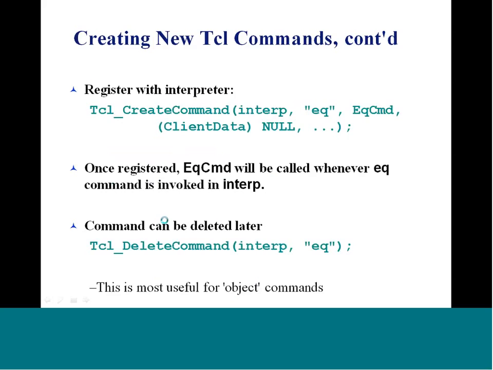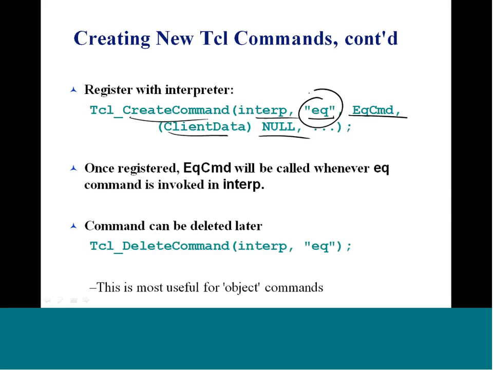So now to register with the interpreter, we need to call Tcl_CreateCommand with the interpreter, eq, EqCmd, client data, and NULL. Once we register, the EqCmd will be called whenever eq is invoked in the interpreter.